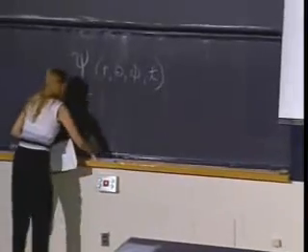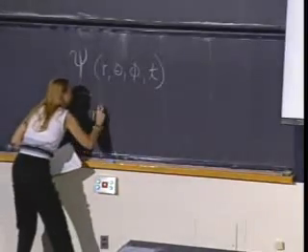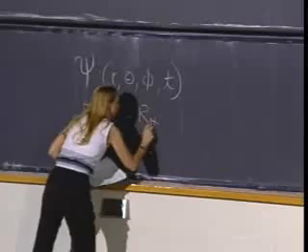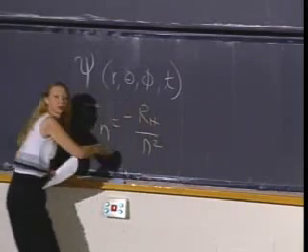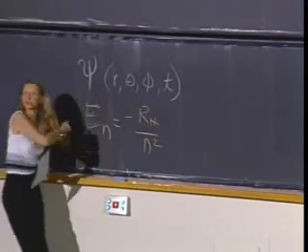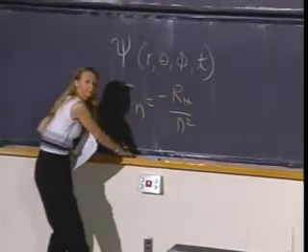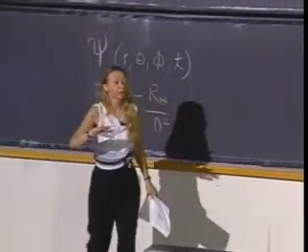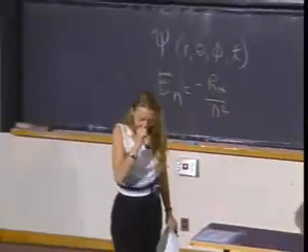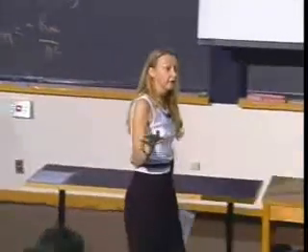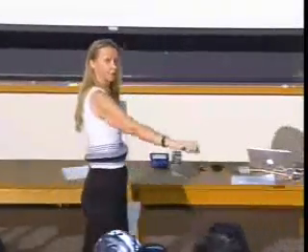That is, we're not going to get an expression of E sub n equal to minus R sub H over n squared. This is a nice analytical expression for the hydrogen atom energies. We're not going to get that for helium. All right? So if you solve the equation for helium, what you actually have to do numerically, what you're going to get is a list of numbers.